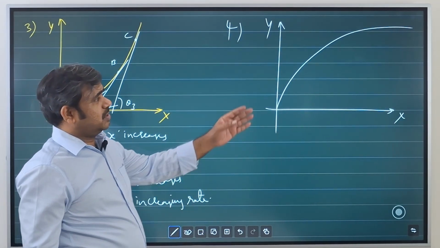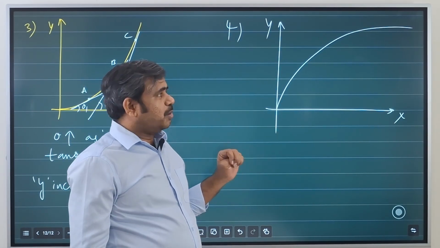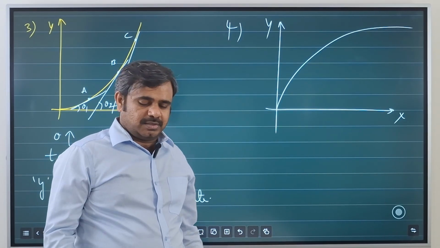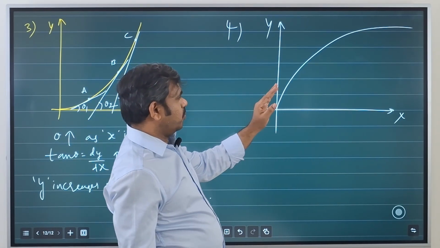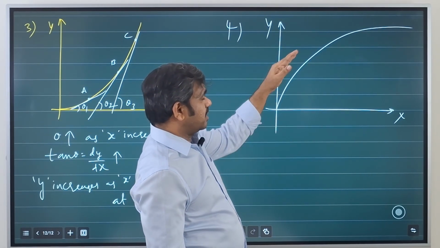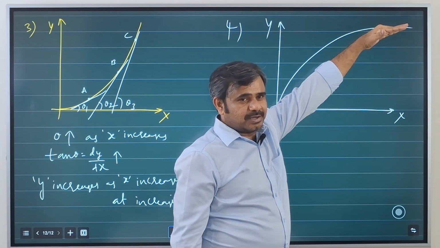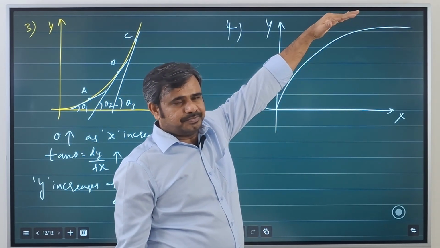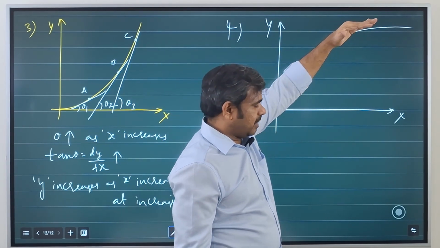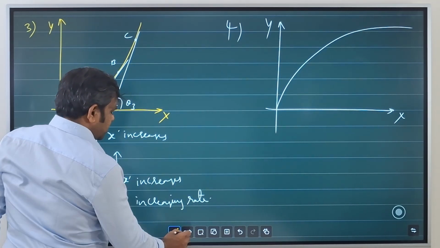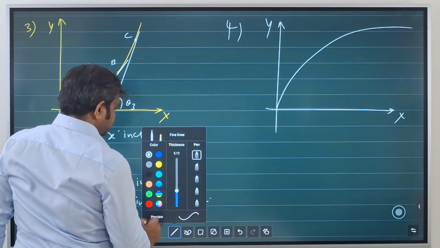As x increases, y also increases. But look at the rate of increase. Initially, y increases at a greater rate, but graph becomes flat at larger values of x. At larger values of x, the rate of increase in y is less.